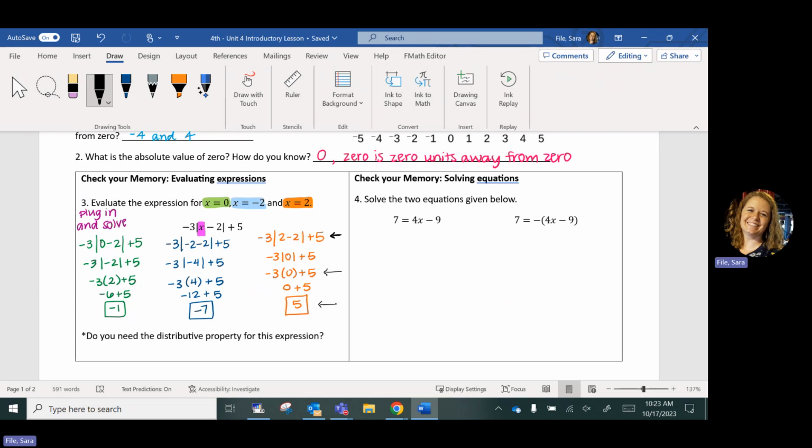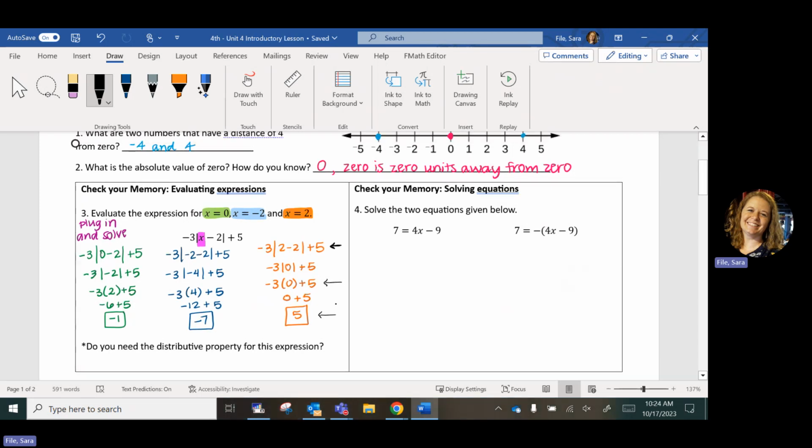So distributive property is when you've got multiple things that you're distributing it to. For instance, over here in this next example, this is an understood -1. That -1 is outside the parentheses, and so I'm going to distribute it to both terms inside.